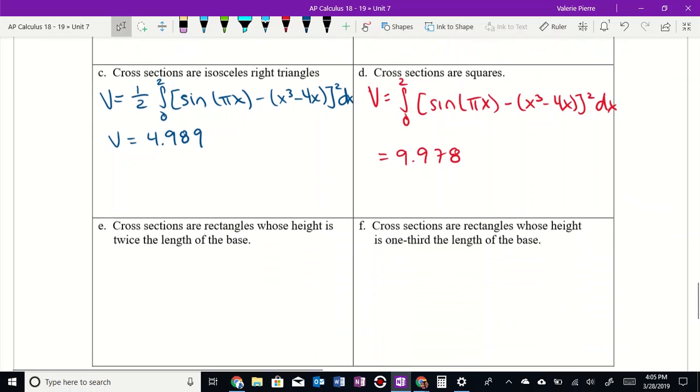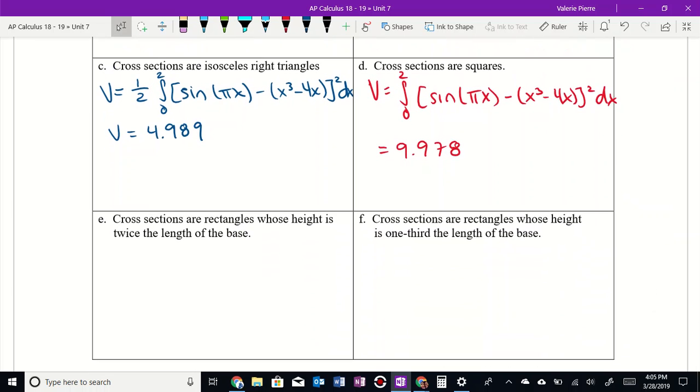Okay. So for E and F, we're looking at cross sections that are rectangles. We do not have a general equation for those, so we're actually going to create one as we go and use it to plug things in.